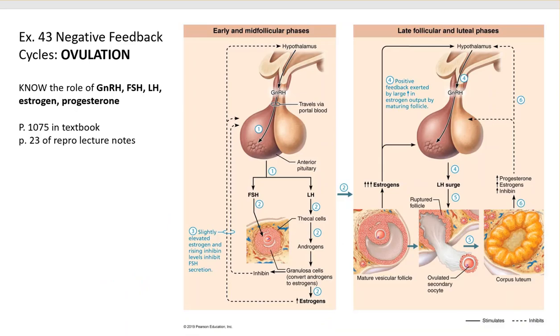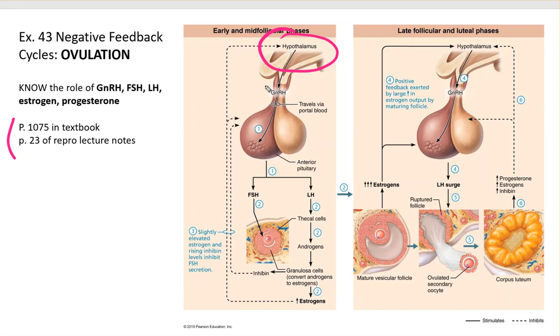And this is pictured from your textbook. I've indicated the page numbers here. This is your feedback cycle. This is what you need to be able to articulate on an exam or tell me what happens. You're starting at the hypothalamus, and you think about what gets secreted from your hypothalamus to tell the downstream structures what to do.